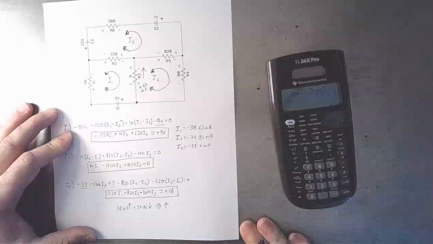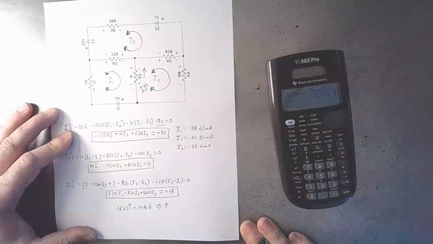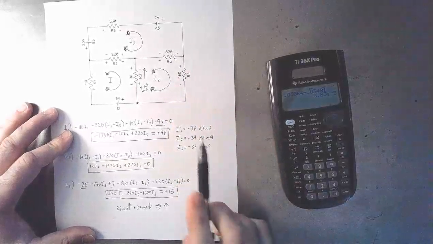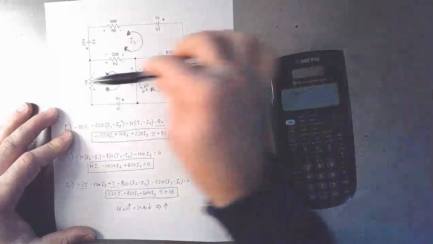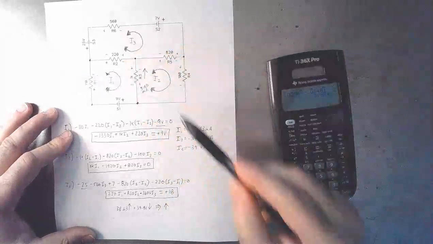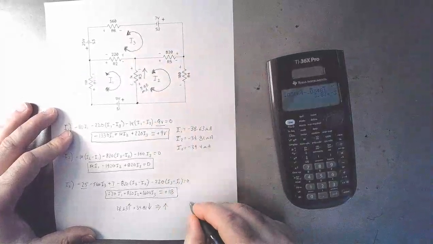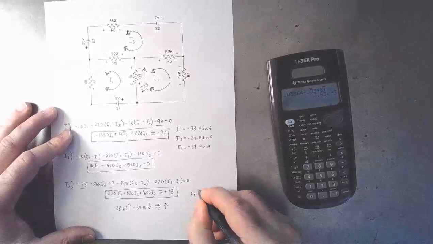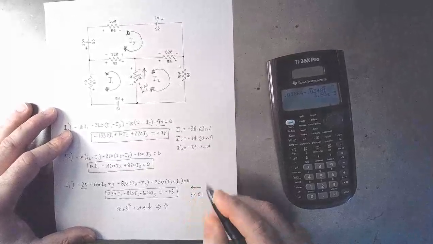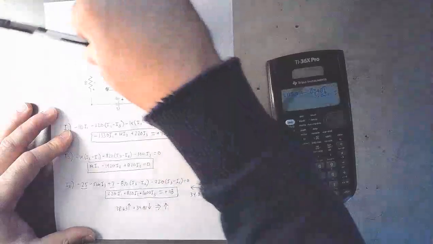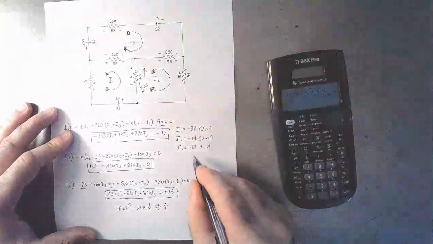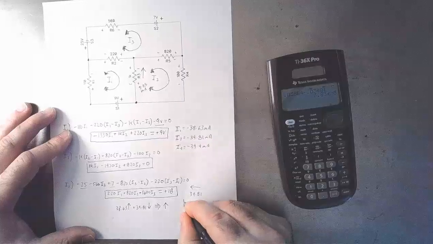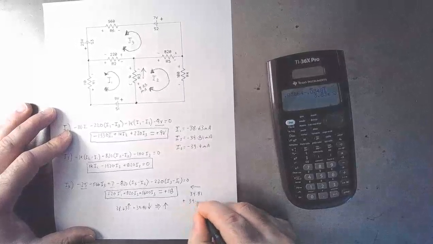All right, let's do it for another resistor, just to make sure that we've got the hang of this. Let's do it for the 820. So for the 820, I see that I2 is moving from right to left through it, 34.81 milliamps. And then we've got I3 moving from left to right, so that's plus 34.4.